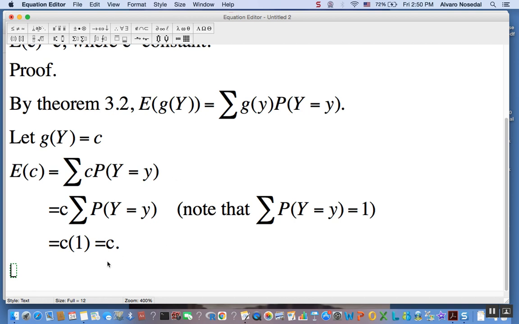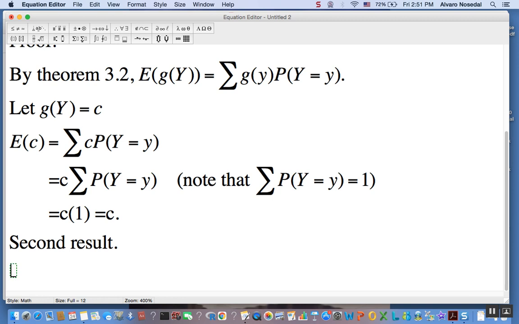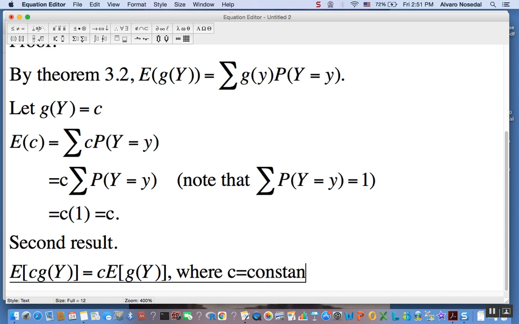So second result, or second theorem: expected value of a constant times a generic transformation of random variable y equals c times expected value of that generic transformation of our random variable y, where that c is just a constant.